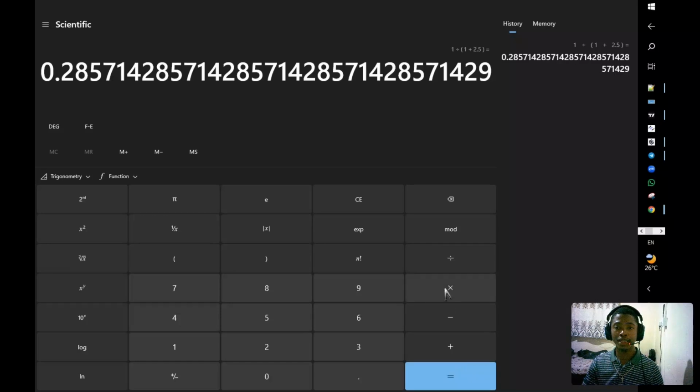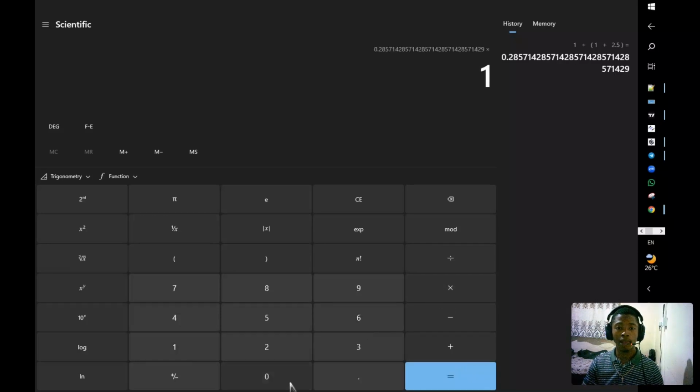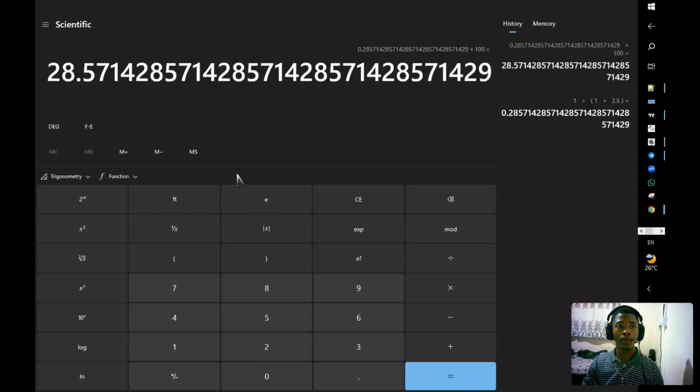Then we multiply that by 100, and you get about 28.5, which is around 29% rounded to the nearest whole number.